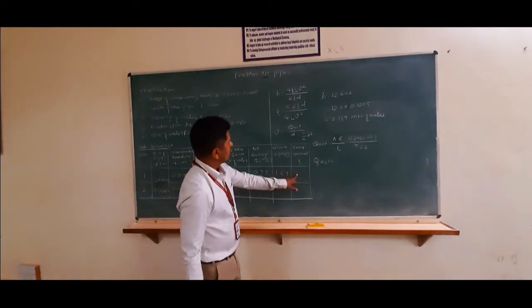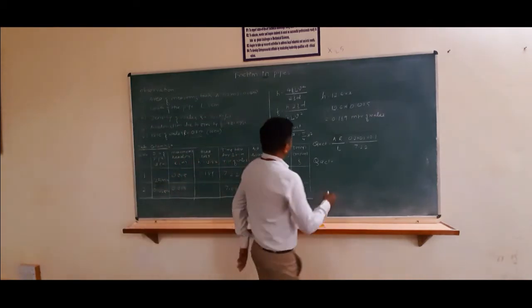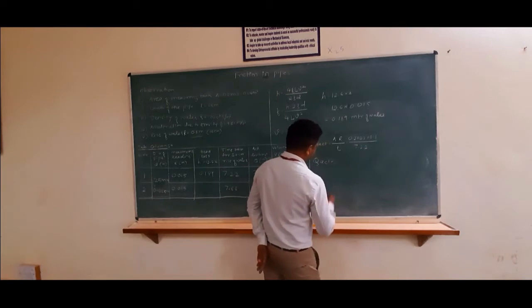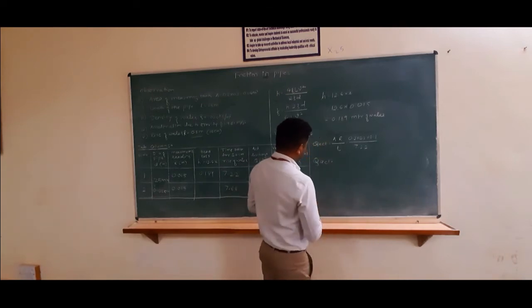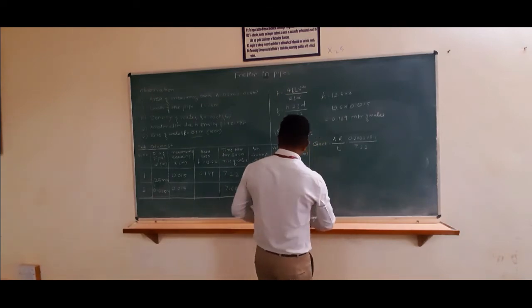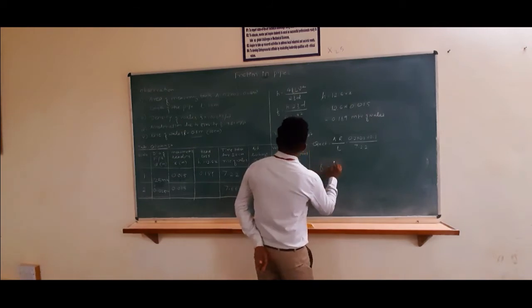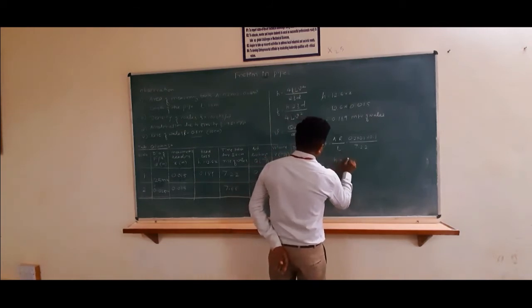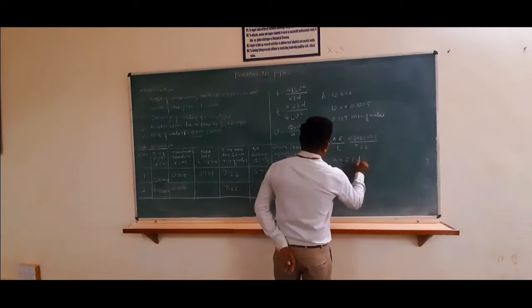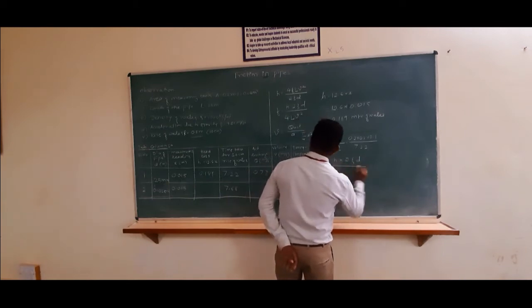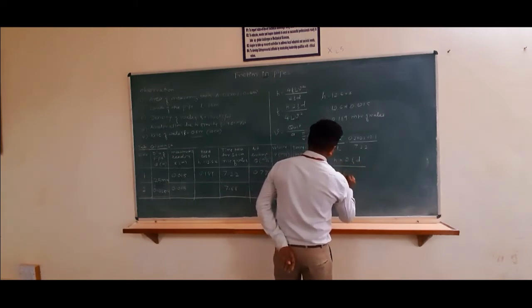Now what is remaining here? Only the Darcy constant, that is f is equal to h into 2gd divided by 4 capital N v square.